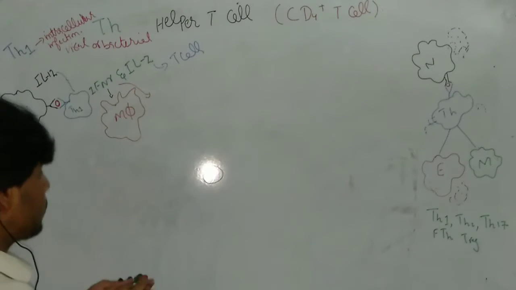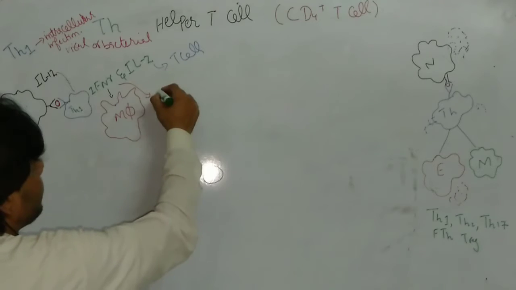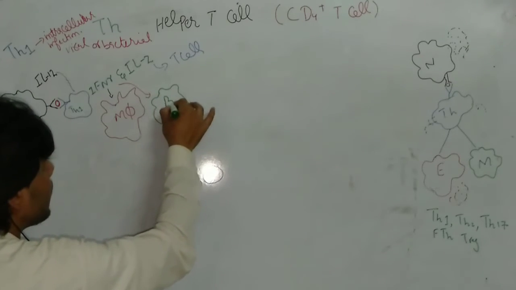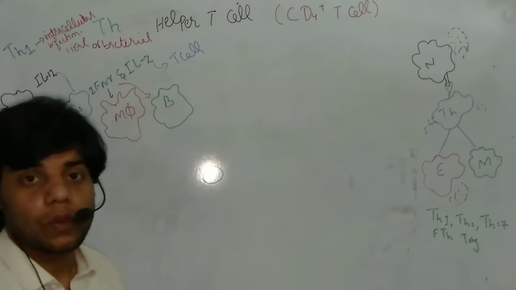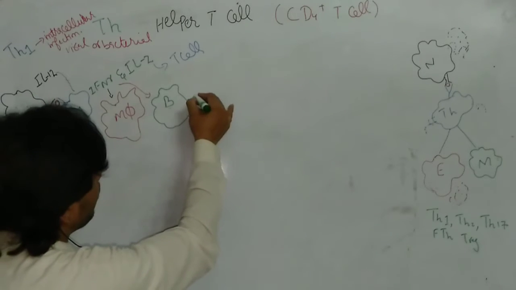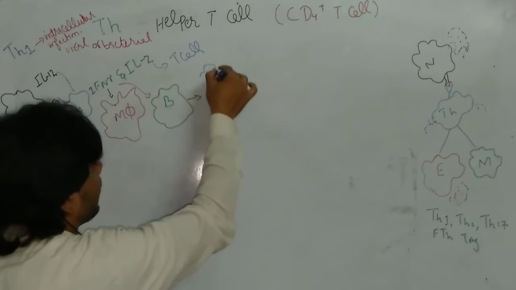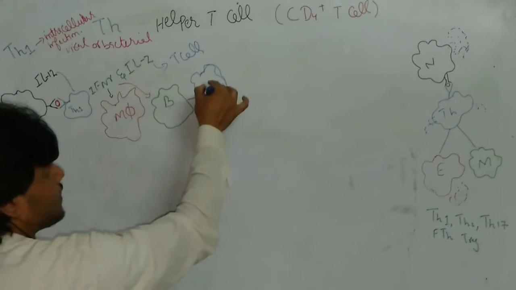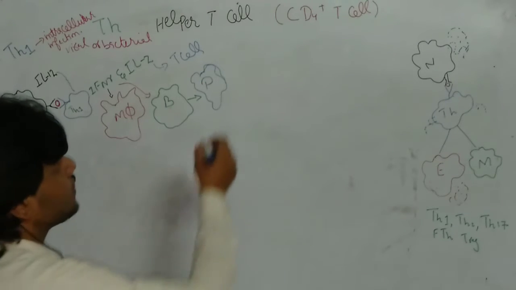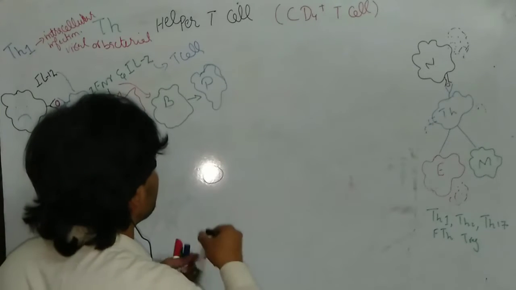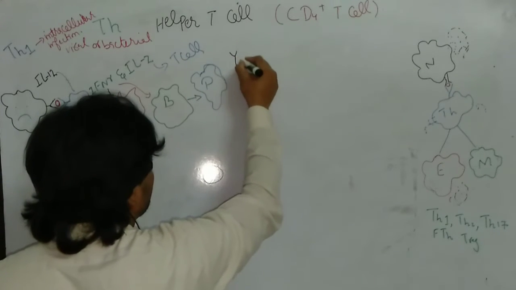Okay, so let's suppose this is the B cell. Now this B cell will be converted into a plasma cell. Once it is converted into a plasma cell, the plasma cell will secrete different kinds of antibodies, as you can see.